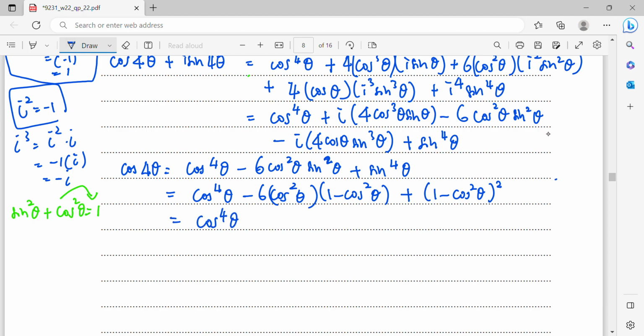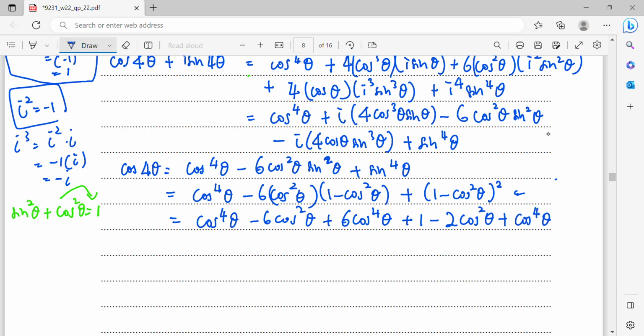So minus 6 cos^2 theta times 1, it will be minus 6 cos^2 theta. But then when multiplied by negative cos^2 theta, it becomes plus 6 cos^4 theta. Now, for the last term, the square of 1 minus cos^2 theta, we have to do expansion. So plus 1 minus 2 cos^2 theta, then plus cos^4 theta.